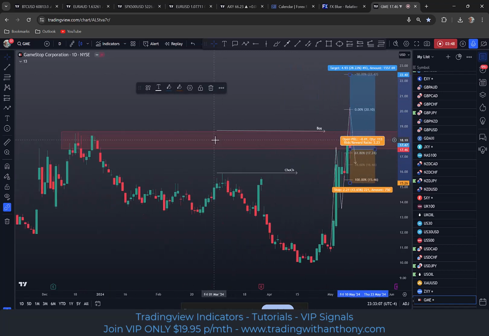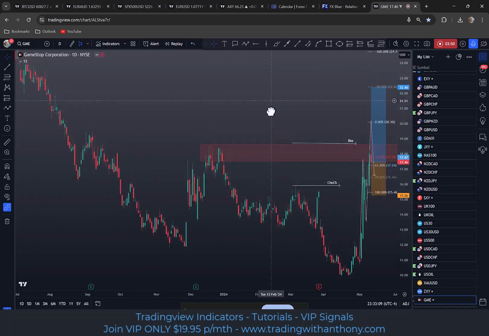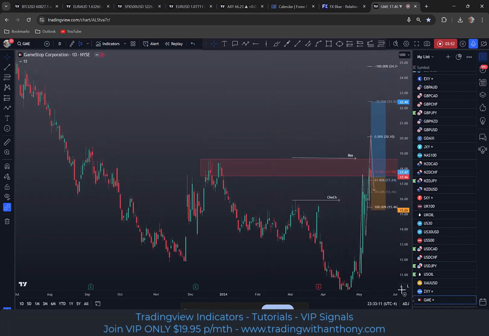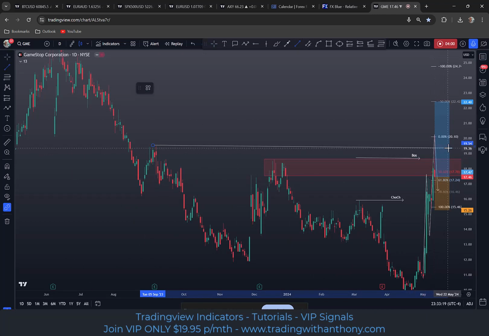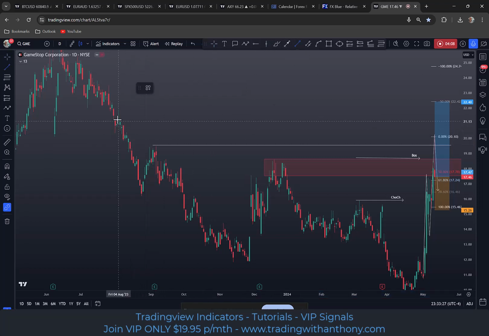Now let's just have a look and see what we've got left to determine some targets. Just bear with me for a minute. Let's open that up. Always looking at, well, we've got these highs here. Let's mark that. Just looking for any significant points, and obviously these highs here.